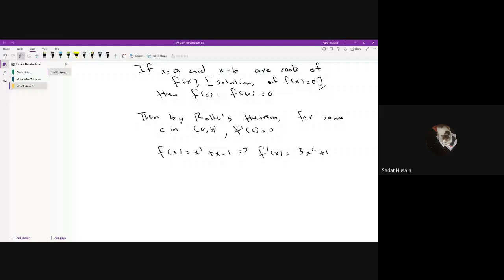I'm making a statement that f prime of x can never be 0. Can you tell me why, just by looking at f prime of x?